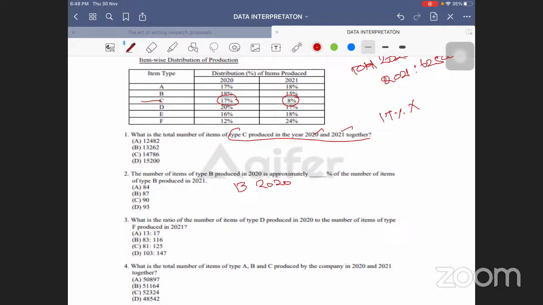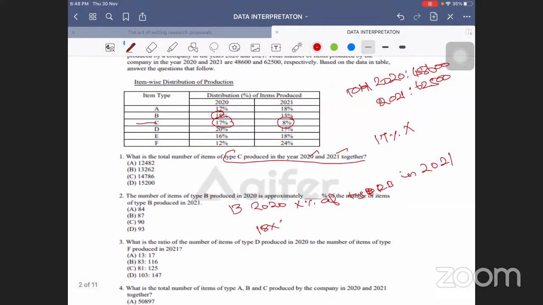They are asking for X percentage. So X percentage of type B in 2021. B in 2020 is 18%. So 18 percent of the total production, 48,600, is equal to X percentage.